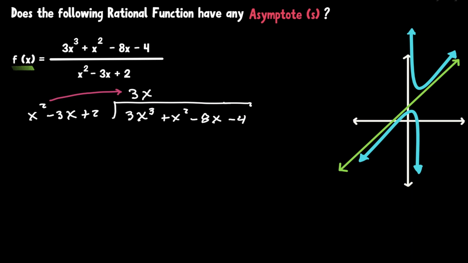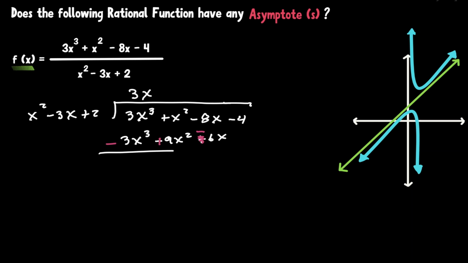X squared times 3x, so that will be 3x to the third. Multiply the next term. Negative 3x times 3x, that will be negative 9x squared. Multiply the last term. 2 times 3x, so that's just 6x. But before we combine, let's switch the sign. So that becomes negative, that's a positive, and that's a negative.